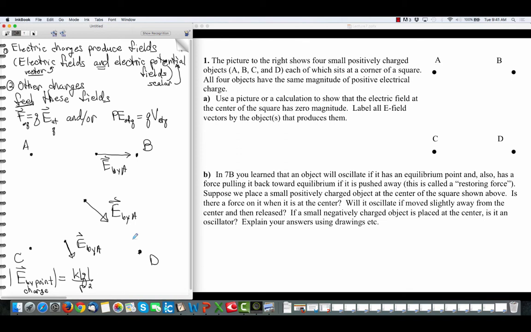If I'm even farther away, like right here at point D, I'm twice as far away, so the electric field there is only about 1/4 what it was in the center. An electric field vector can be drawn for any point in space. It's not the same as electric field lines, which start on positive charges and end on negative charges, and they go until they end somewhere, so they can run off the page sometimes.